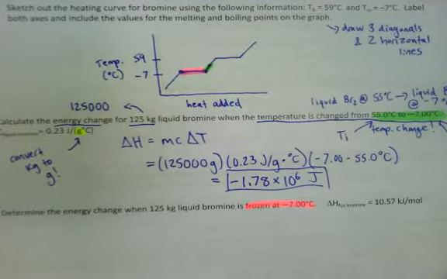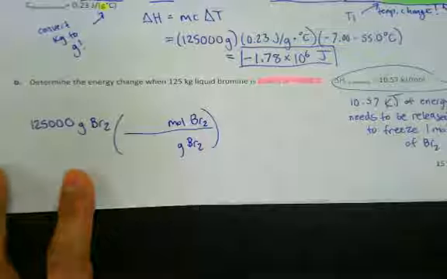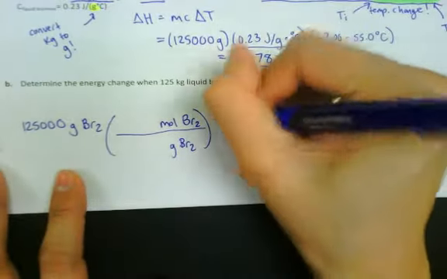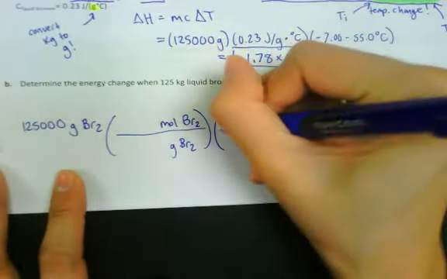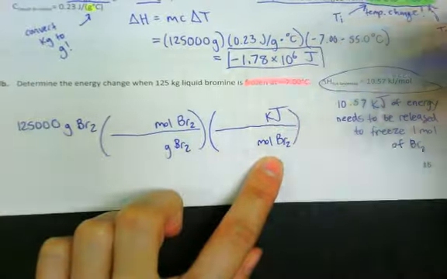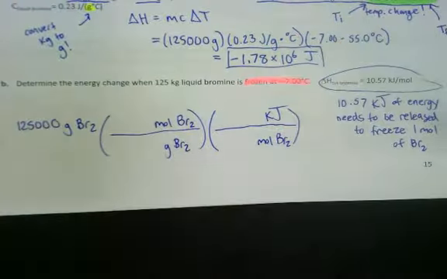I can go from grams of bromine to moles of bromine, and then using this as a conversion factor, I can go from moles of bromine to kilojoules released.